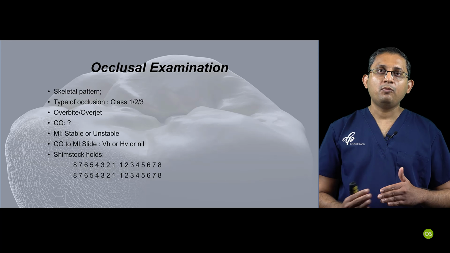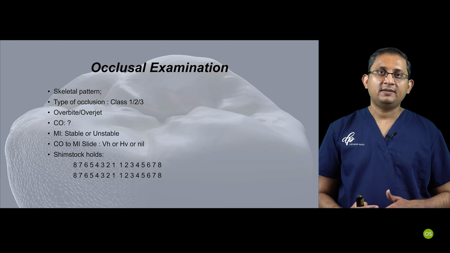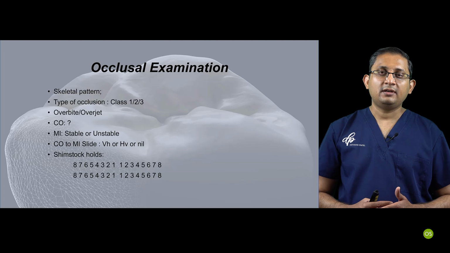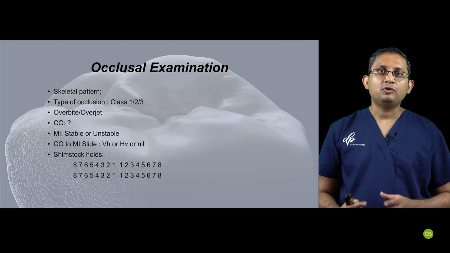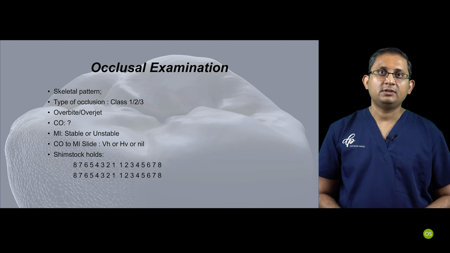If you're going more forward than upward, then it's a large horizontal, small vertical slide. If it's going more upward and less forward, then it's a large vertical and small horizontal slide. Most patients fall into that category where the jaw goes more upward than forward, but there is always a combination of both movements.